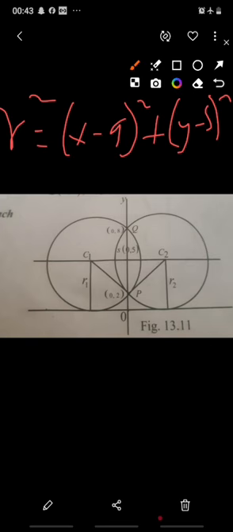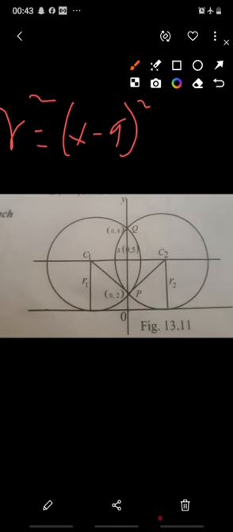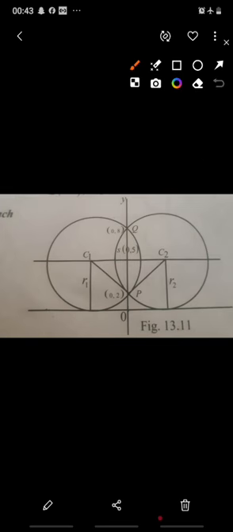So here we can say that our a is equal to plus or minus 4, and then our b is equal to 5, and then our r is also equal to 5. Therefore, we can substitute these values into the equation to get the equation of the circle. So here our equation of the circle now becomes, please let's note the difference very well.